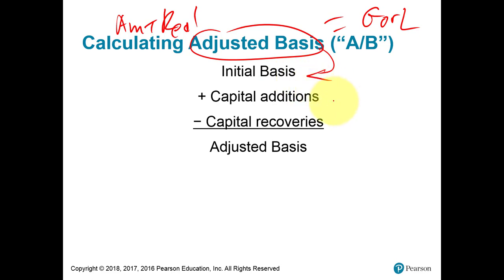And then any more things you added on to that asset, here they call it capital additions, versus not expenses or maintenance, but expanding the asset you own, and minus something called recoveries. Basically, this is the accumulated depreciation you back out. To get, in financial terms, what we call book value.